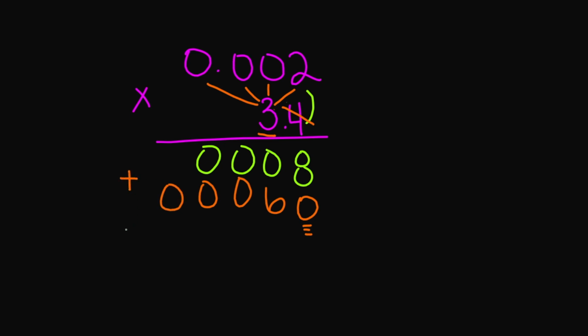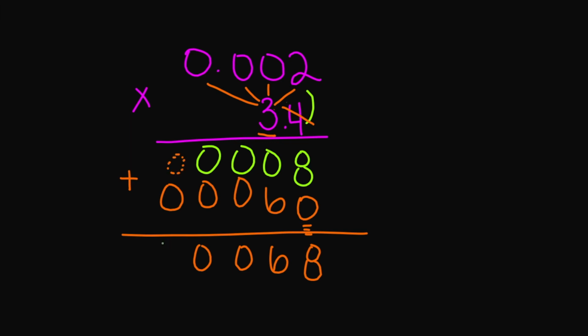Now we're going to add. So 8 plus 0 is 8, 0 plus 6 is 6, and all of these here are zeros. 0 plus 0 is 0, 0 plus 0 again is 0, and then your imaginary 0 plus 0 is 0 again. Now we're going to tally up our decimal places.